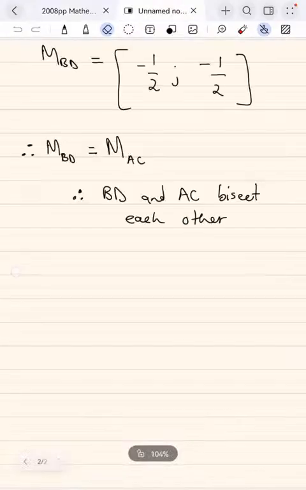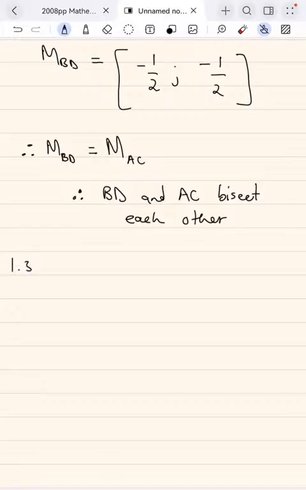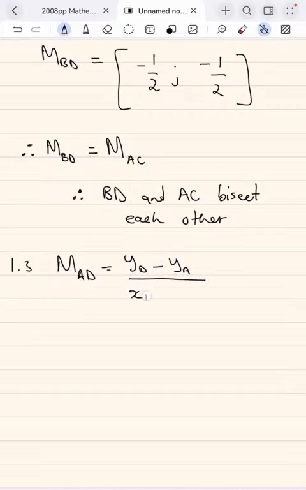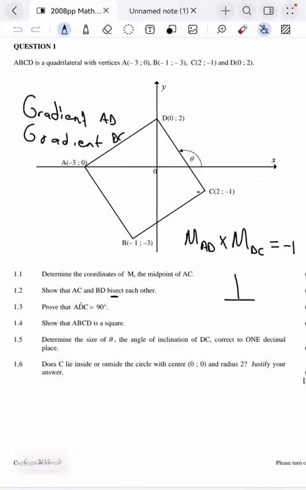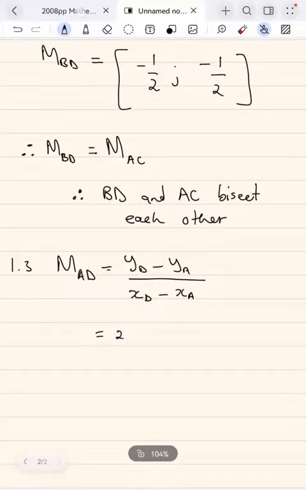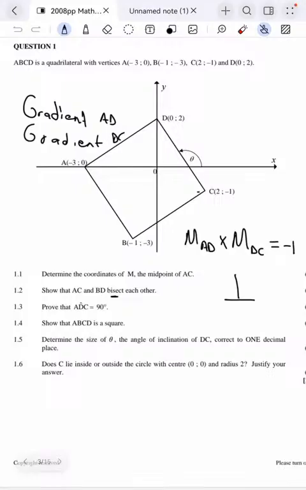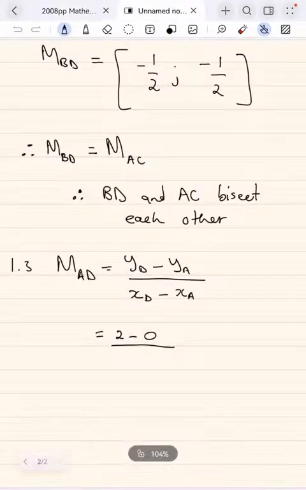We say 1.3, which is gradient of AD is going to be y of D minus y of A, divided by x of D minus x of A, is equal to y of D is 2, y of A is 0, divided by x of D is 0, and x of A is -3.